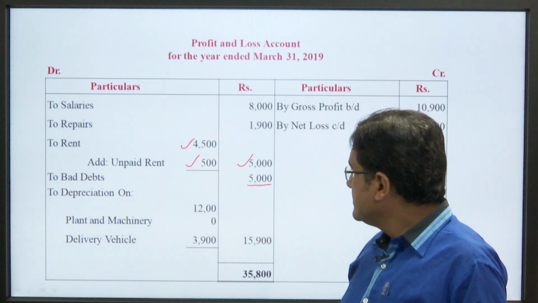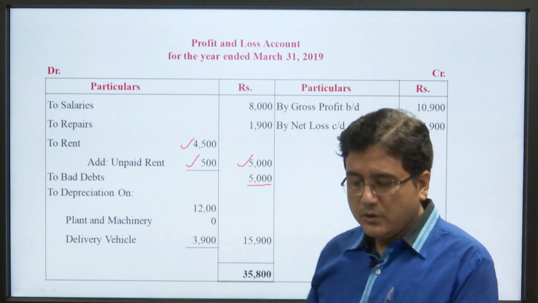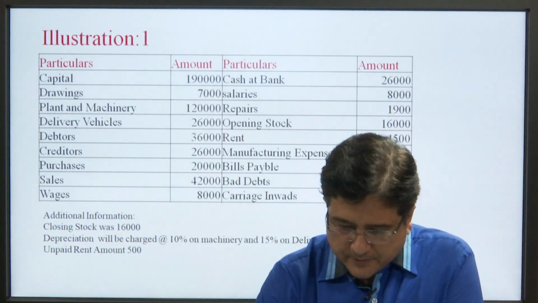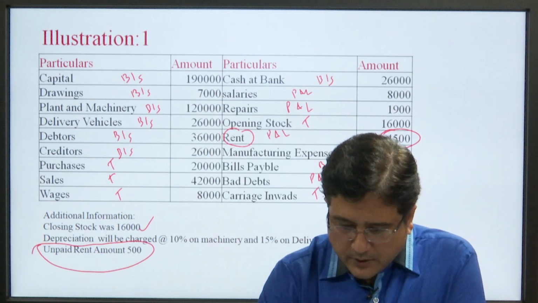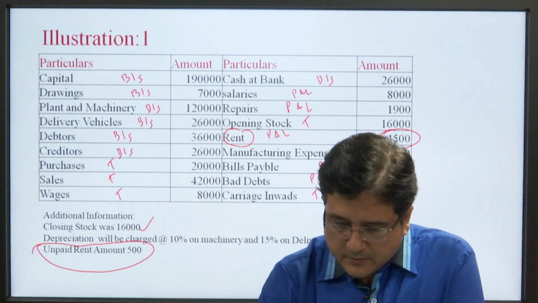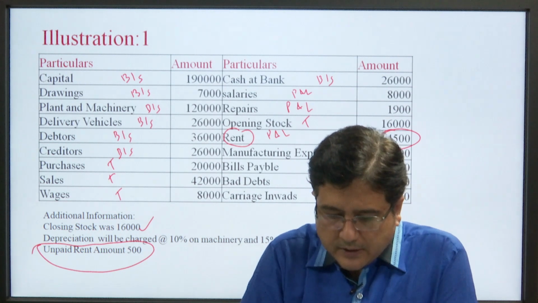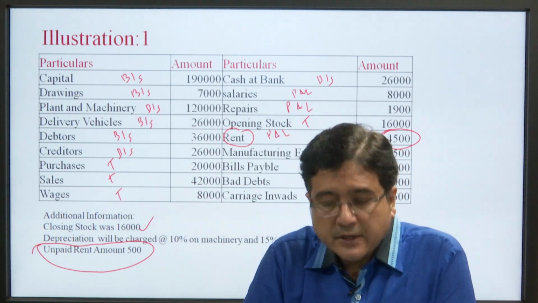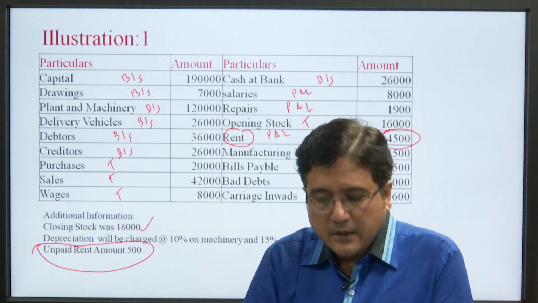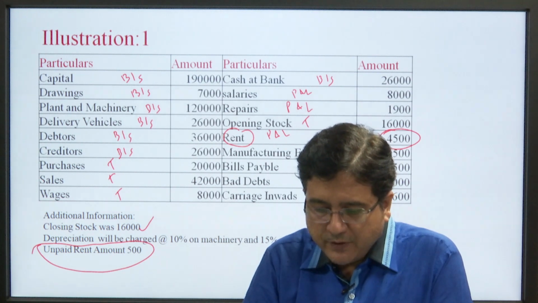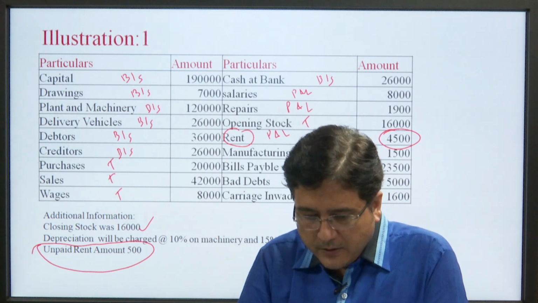Depreciation. So, for depreciation, you see, the depreciation amount is given in the adjustment column, where 10% on machine and 15% on delivery vehicle.